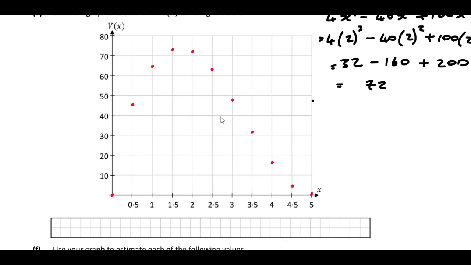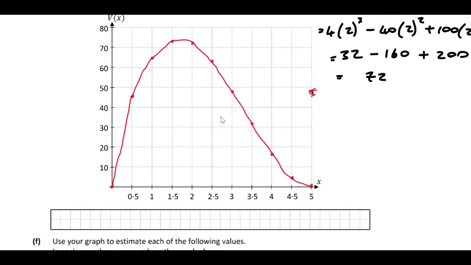So it kind of tails off there at the end. So you've got to join all this up. Just join it up as best you can. It should curve at the top, and then come down again. Okay, so that's our graph.